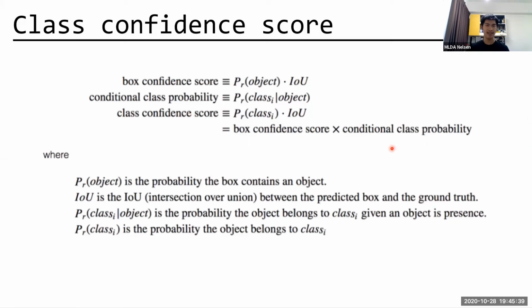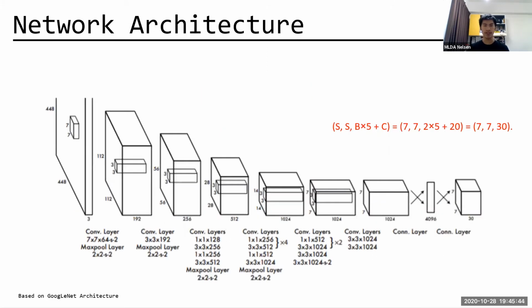And for the network architecture of YOLO version 1, as I mentioned earlier, we have the output of 7 times 7 times 30. This is actually implemented in the paper, based on the GoogleNet architecture. In the paper, there are 20 different classes, because the Pascal VOC dataset has 20 different classes.